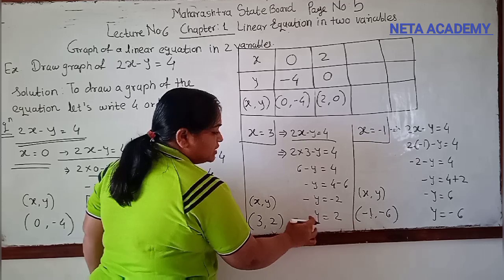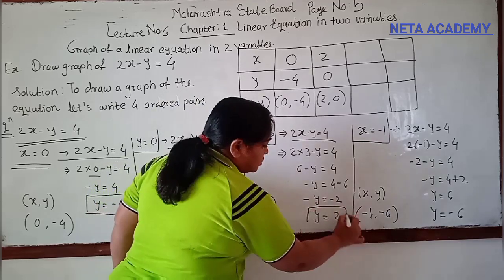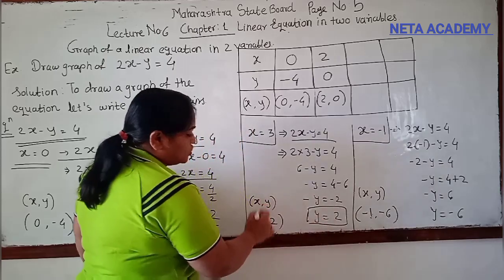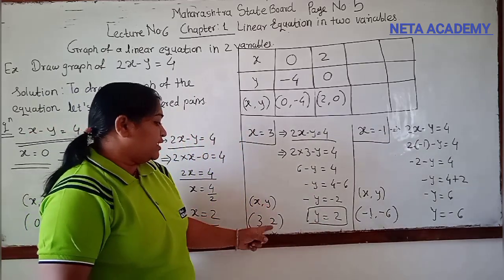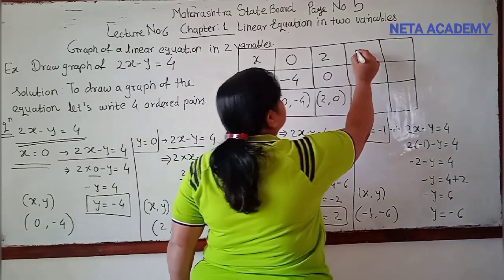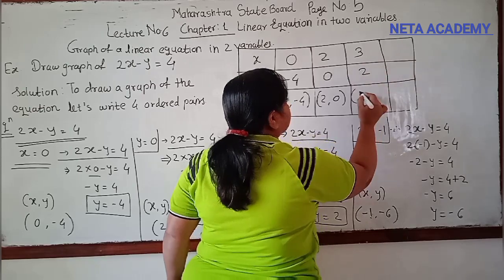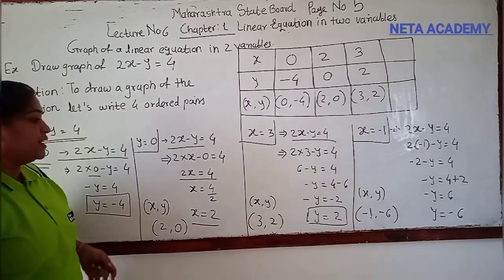Both the negative signs cancel and the value of y is 2. So the solution here is x is 3 and y is 2. I am going to write 3 and 2. This is our third pair.